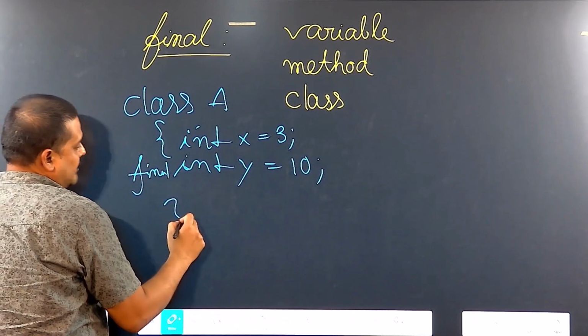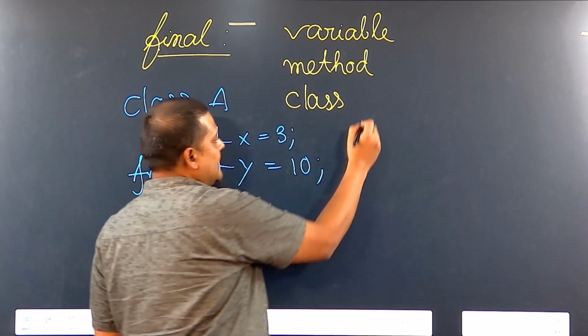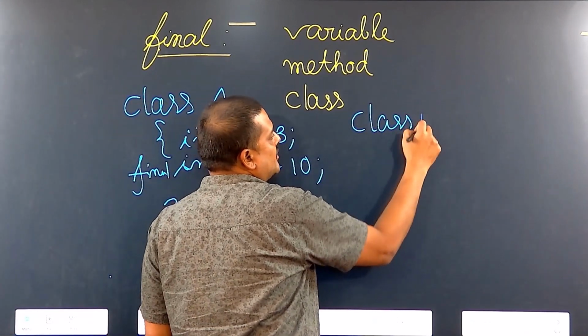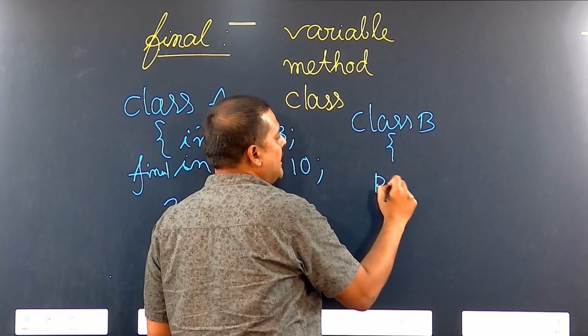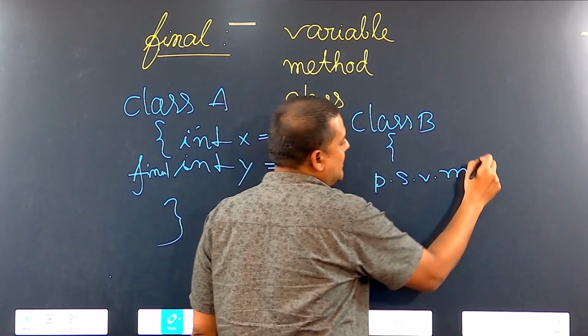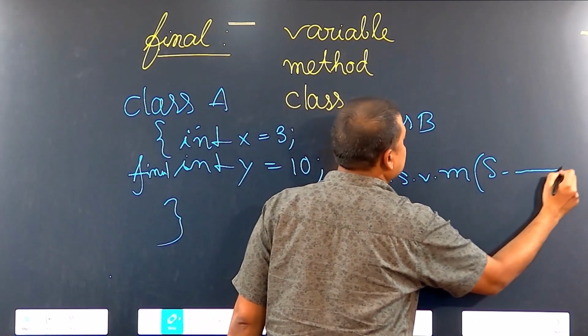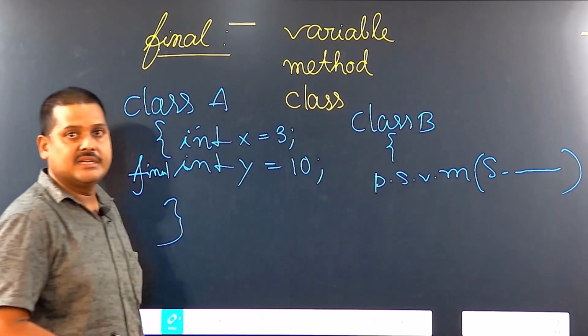Now, assume there is another class B, with public static void main and the String args signature.